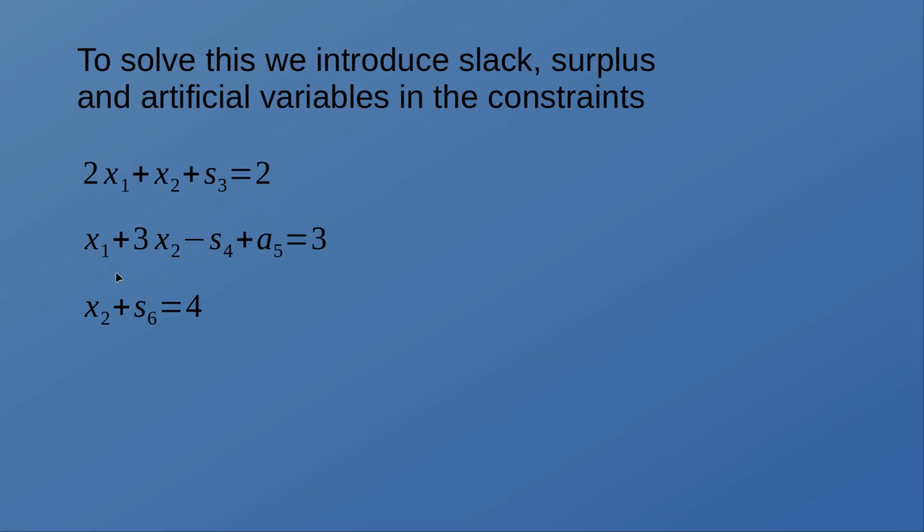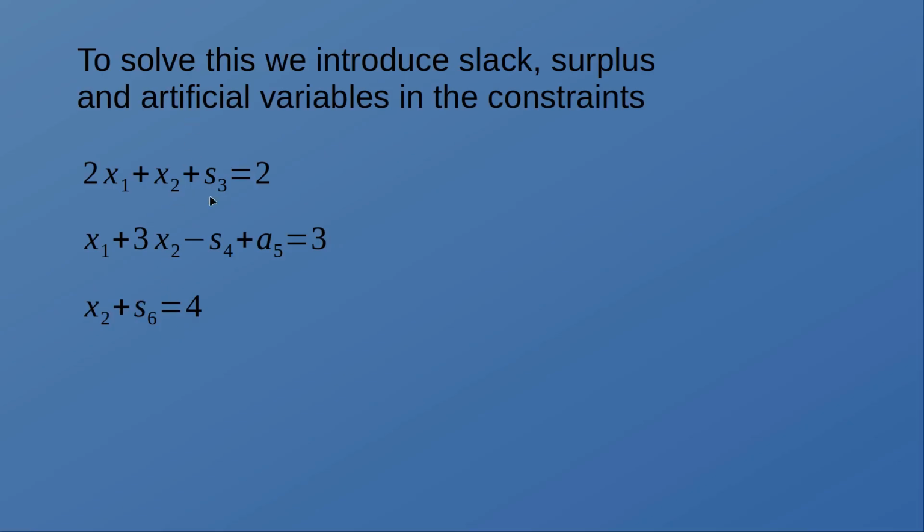In a similar fashion, in the second constraint, we introduce a surplus variable S4 and an artificial variable A5. So it now becomes x1 plus 3x2 minus S4 plus A5 is equal to 3. And of course, we again introduce a slack variable in the last equation.